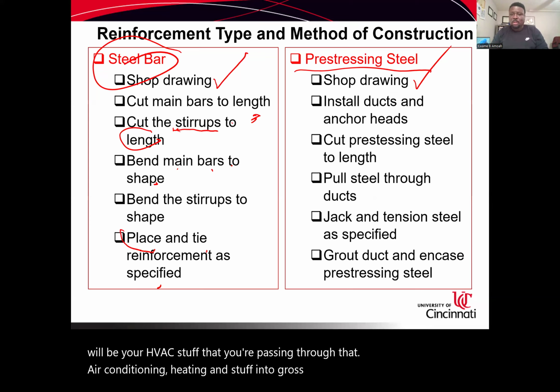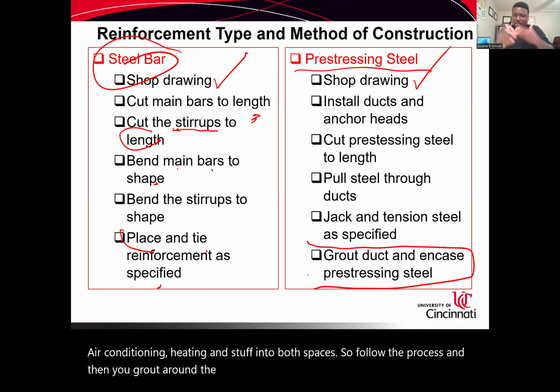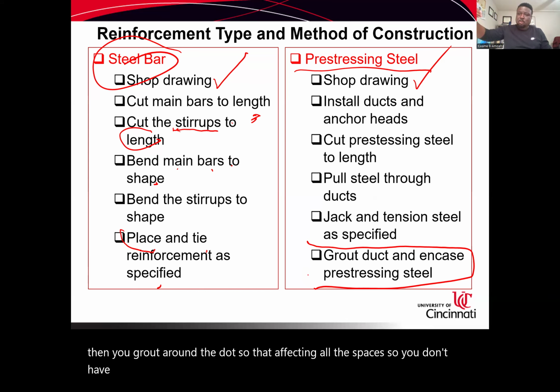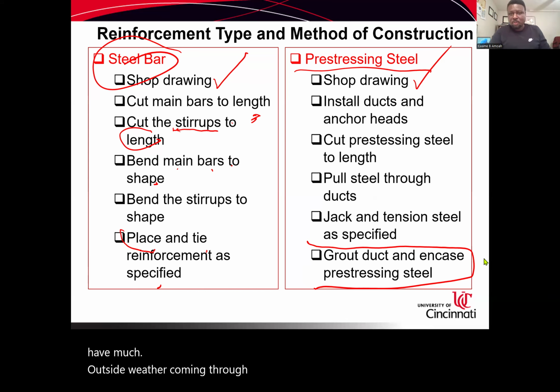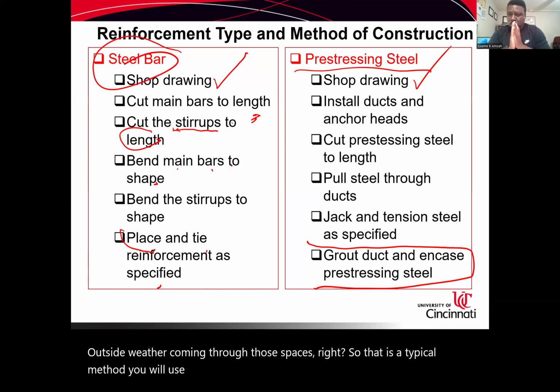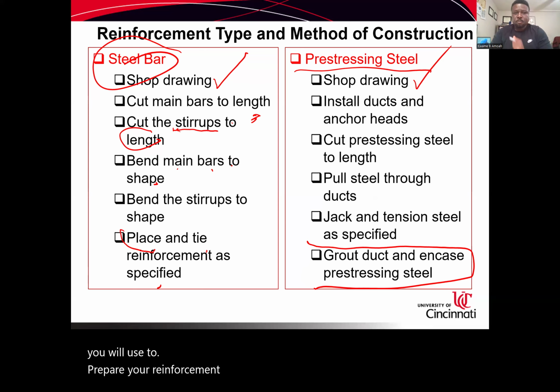So follow the process, and then you grout around the duct so that it fits in all the spaces, so you don't have much outside water coming through those spaces, right? So that is a typical method you will use to prepare your reinforcement or rebars for your project.